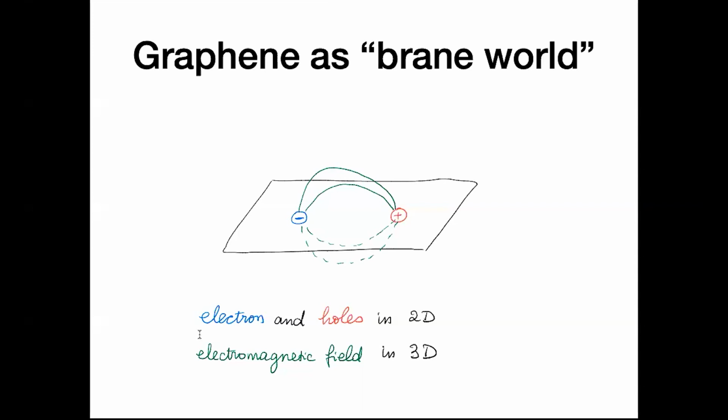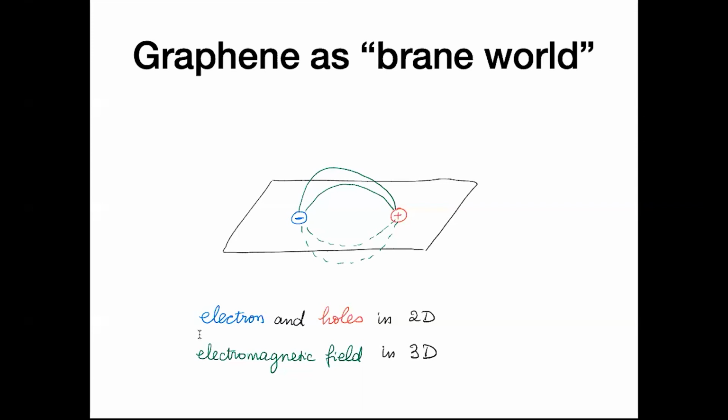And such a picture is called the brane world scenario in particle physics. Graphene realized a very simple brane world scenario where the matter fields, the electron and positron, the electrons and holes, live in 2 dimensions, but the particle they exchange, the photons, can go into the 3rd direction.